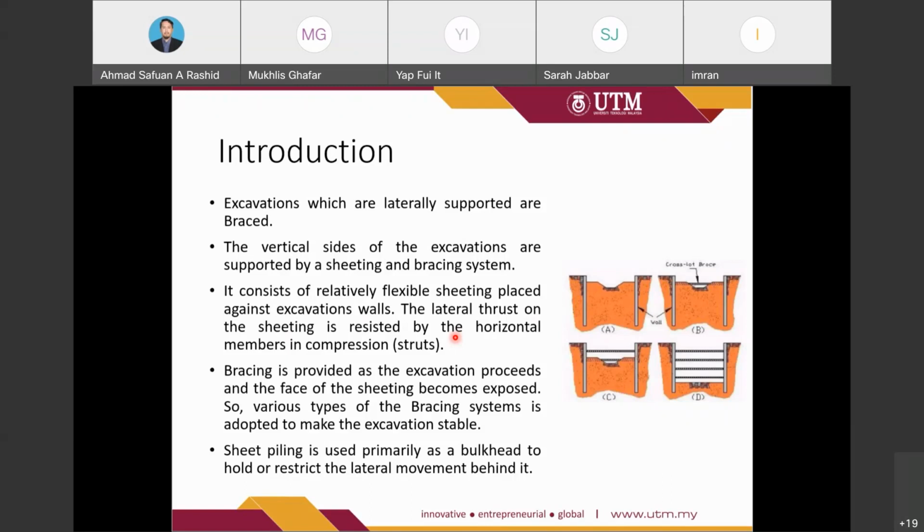Bracing is provided as the excavation proceeds and the face of the sheeting becomes exposed. Various types of bracing systems are adopted to make the excavation stable. Sheet piling is used primarily as a bulkhead to hold or restrict the lateral movement behind it.